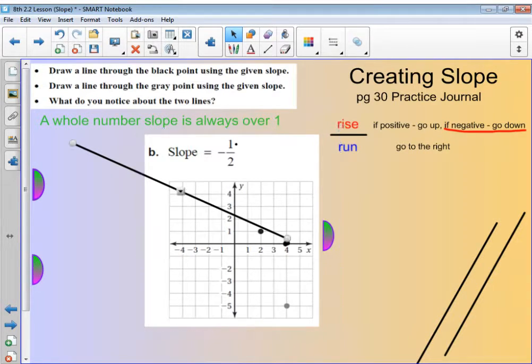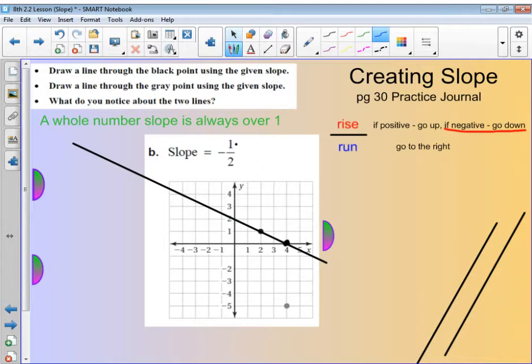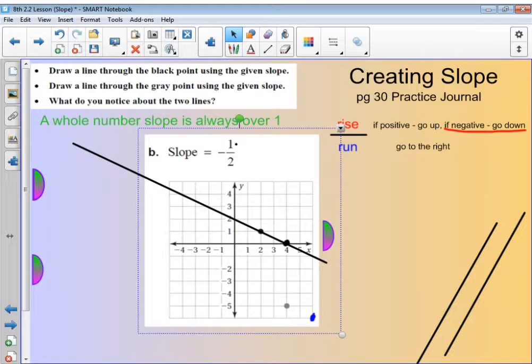Goodness. That was a really, really bad one. Okay, so there's my line. So now I'm going to do the same thing with that lighter gray. So I'm going to go down 1 and to the right 2, which puts me here. And I'm going to put another line through that.